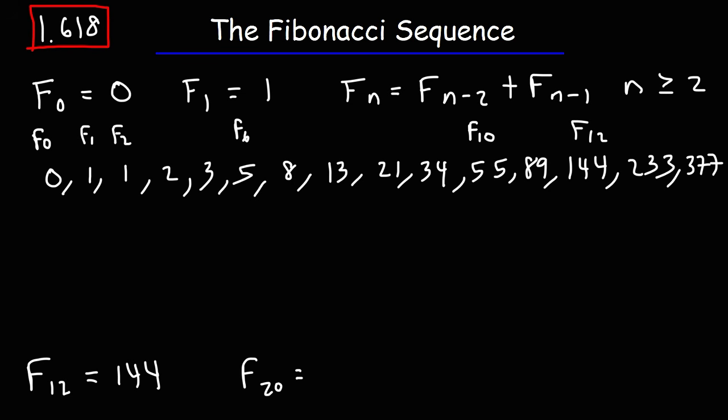Well, keep in mind, when n is very large, the Fibonacci sequence approaches a geometric sequence. So we could say that f sub 20 is approximately f sub 12 times the golden ratio.